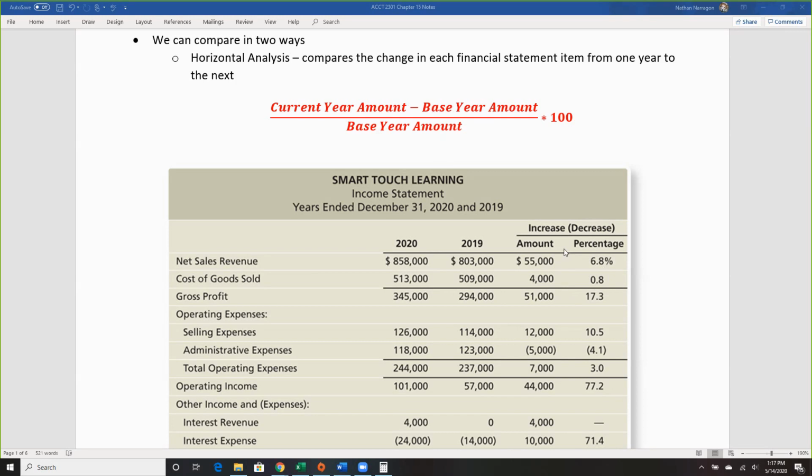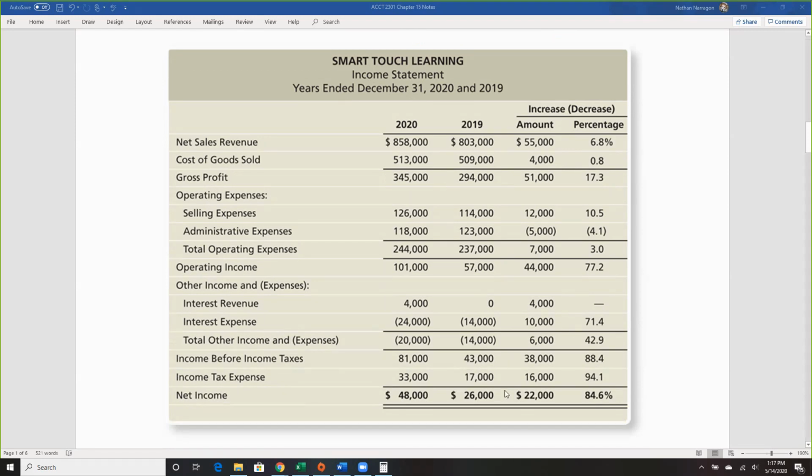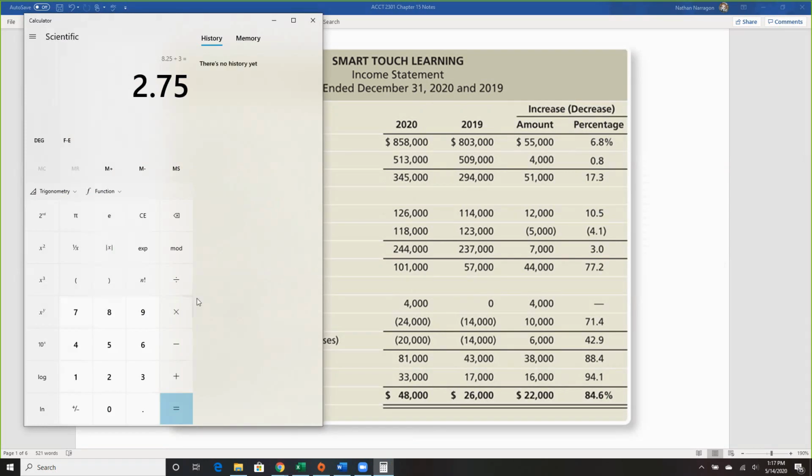So, this is how an income statement will look. We also do it for the balance sheet, but when we look at computing it, this is how they did, and this is how we got to 6.8%.